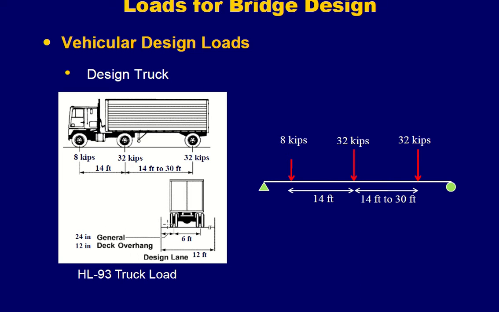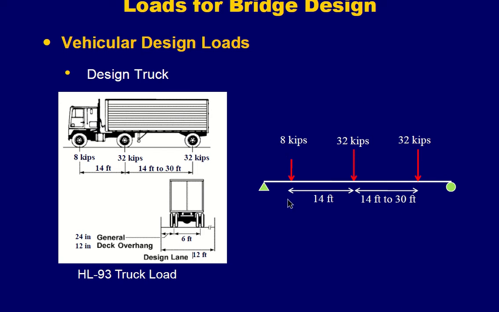So this distance should be 2 feet in general. The design lane calculated on the basis of these things is about 12 feet. So the design lane should be 12 feet in width.